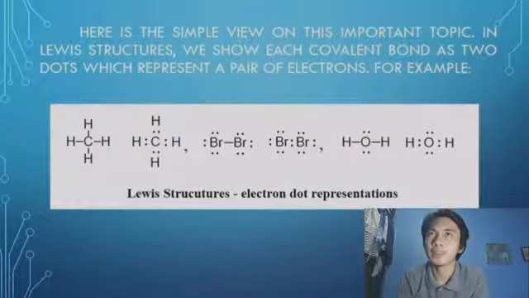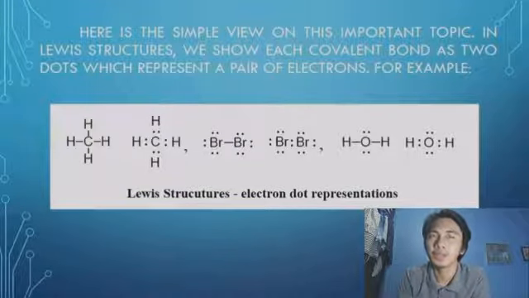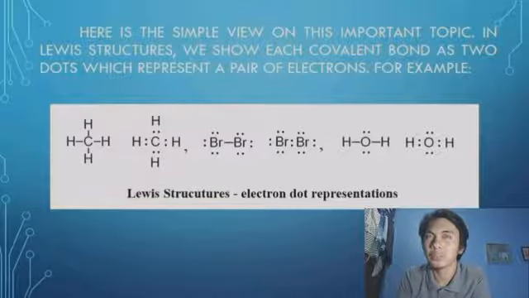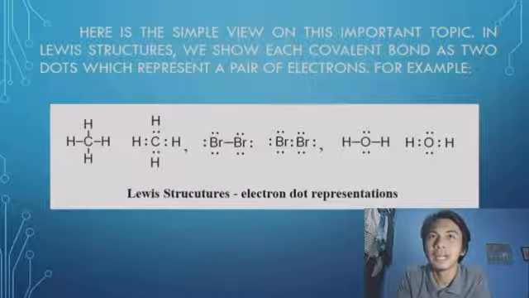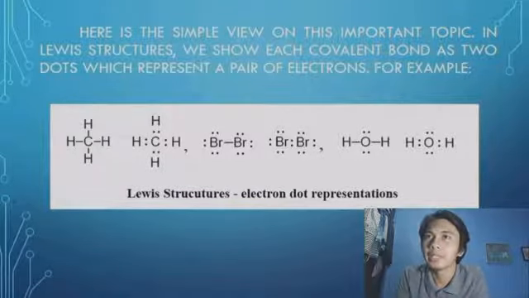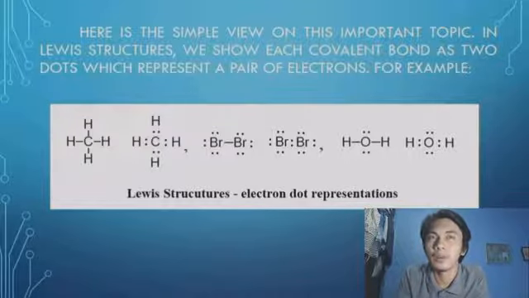Here is a simple view of this important topic. In a Lewis structure, we show each covalent bond as 2 dots, which represent a pair of electrons. For example, in this presentation, you can see different elements: the carbon, the bromine, and the oxygen. We already know that carbon has 4 valence electrons.